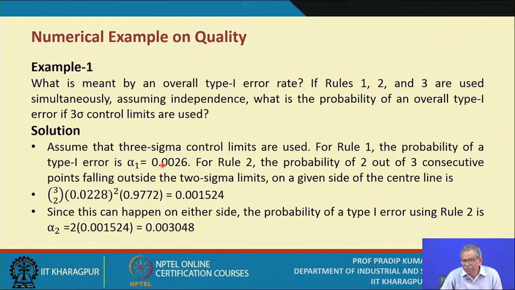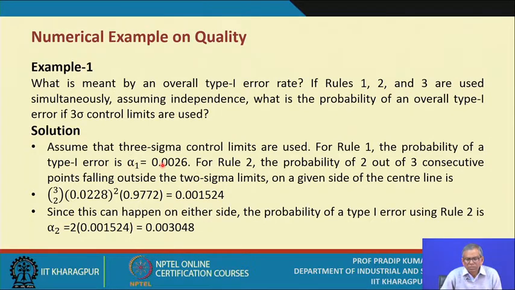What is the probability of an overall type 1 error if 3 sigma control limits are used? What we have mentioned is that instead of using, say, one rule for the out of control condition, if you use more number of such rules simultaneously, it is expected that the overall type 1 error probability will increase.